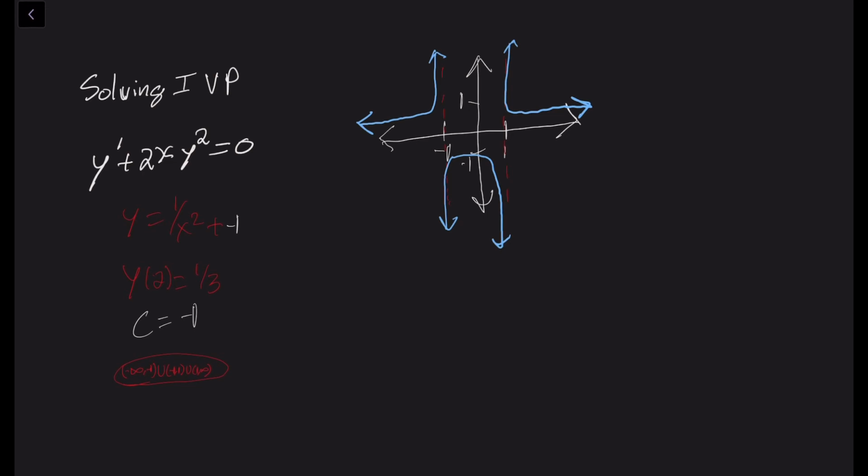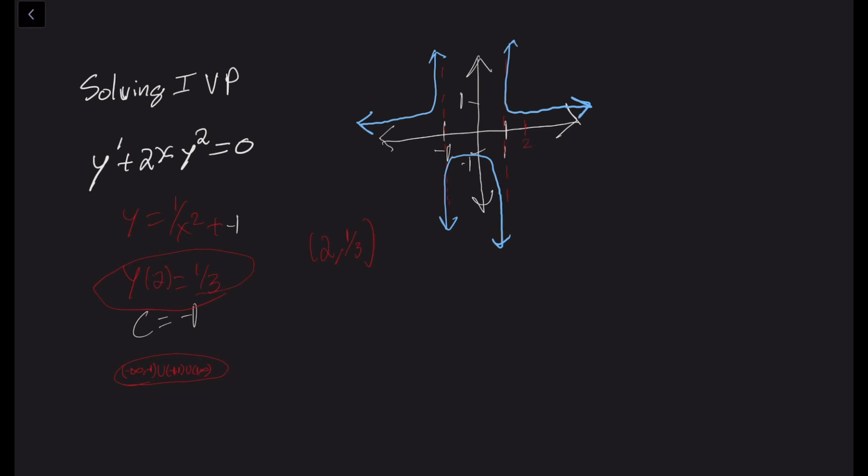So now that we have graphed our domain, we're going to be plotting the point for our initial condition, y of 2 equals 1/3. So with this, we know that our x value is 2, and 1/3 is our y value, and we plot it like any other point on a Cartesian coordinate system.